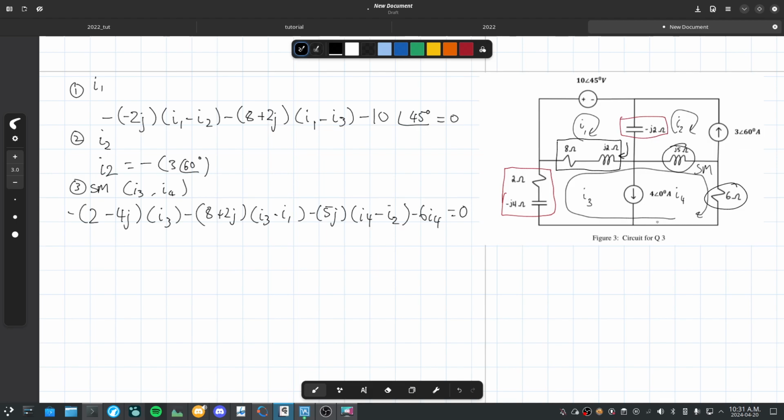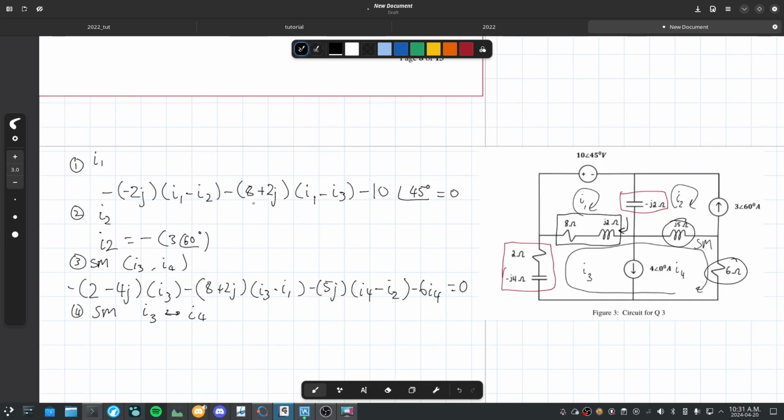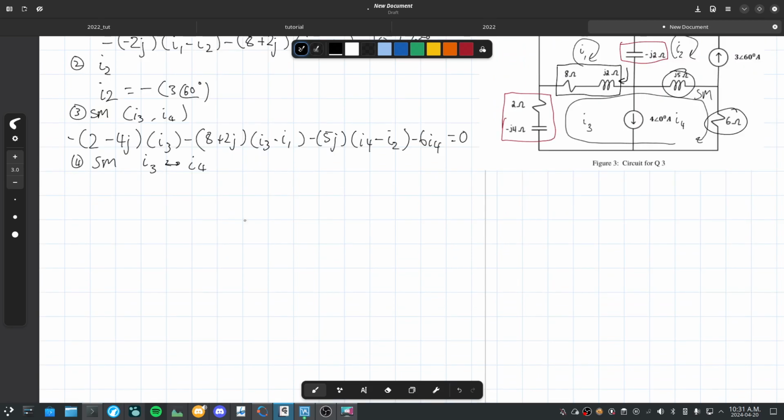Now we need to get our fourth equation from our super mesh that relates I3 and I4. Because again, we have 4 unknowns, we need 4 equations. And here, this is where the super node, or the super mesh, comes in. If I draw out this current source coming down here, so this is going down, and here's the wire.